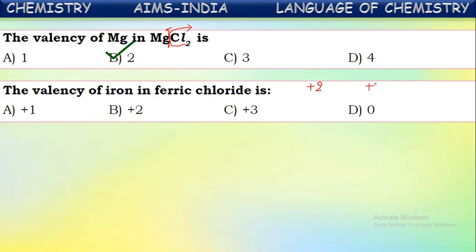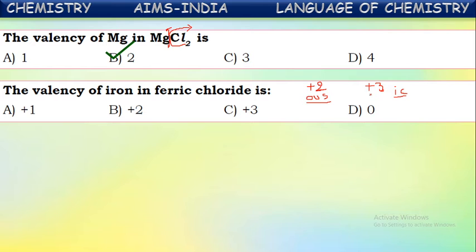If an element exhibits two valencies, then the ion with lower valency is named by attaching OUS at the end of its name, and the ion with higher valency is named by attaching IC at the end of its name.